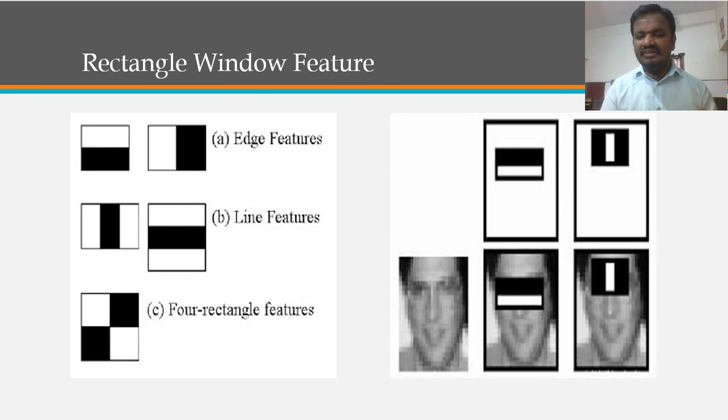For that it has different features, extracted like edges and lines. To detect the nose we detect a line, and then we detect the cheeks, so it has to be four-rectangle features. With these concepts it detects rectangle window face-based features.